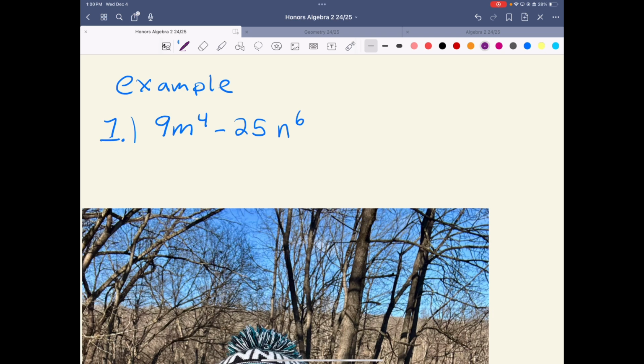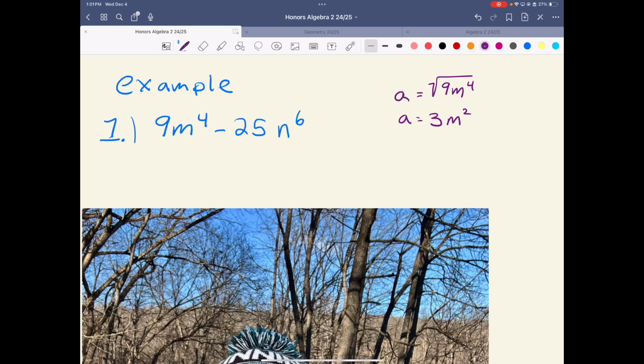So my a value is going to be the square root of 9m to the 4th. The square root of 9 is 3. The square root of m to the 4th is m squared.